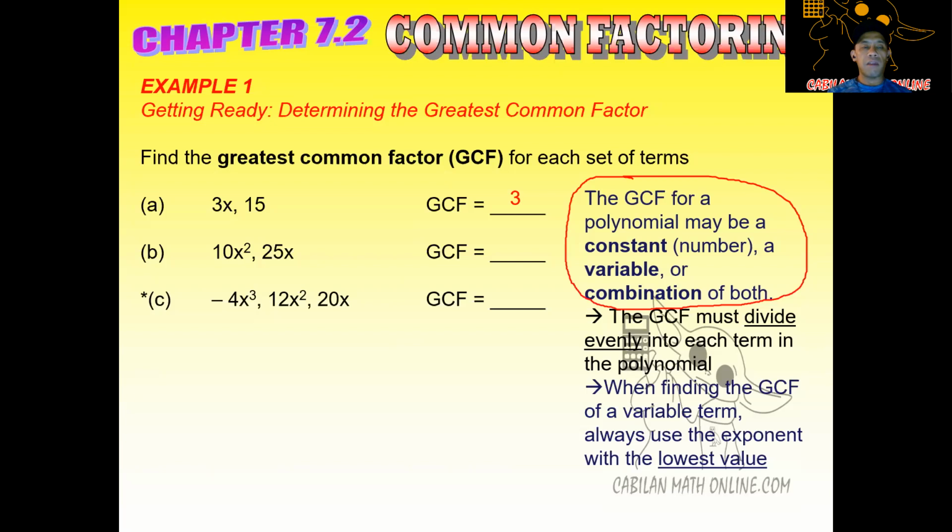For example, 10 goes into 10, but it doesn't go into 25. So we know that 10 isn't going to be the greatest common factor. If you look at 25, 25 doesn't go into 10, and the only thing that goes into 25 based on these two numbers is 25. So we're pretty much stuck.